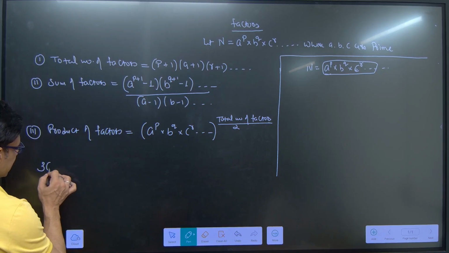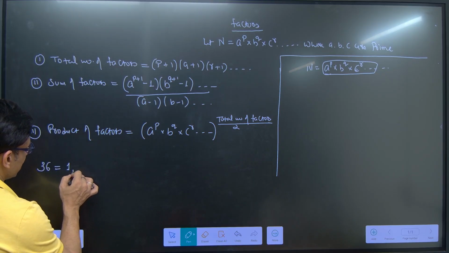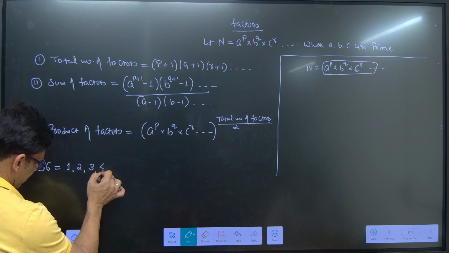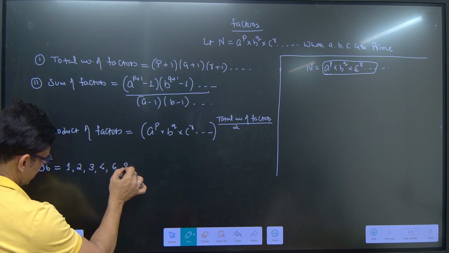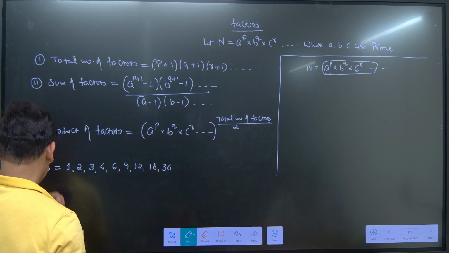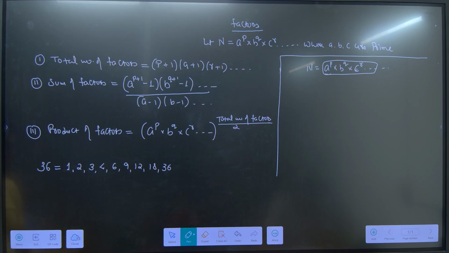देखो, if you take 36, what are the factors of 36? 1, 2, and 36. These are the factors of 36 or not?